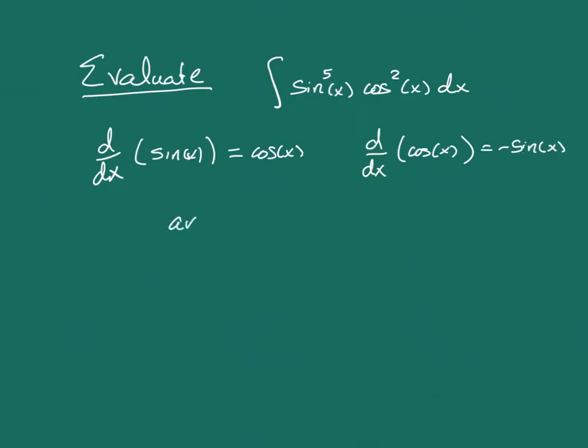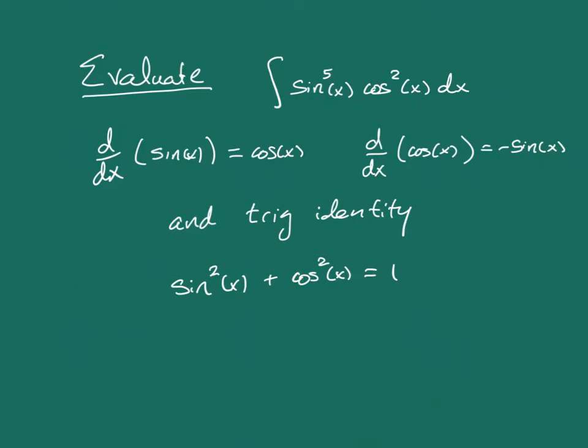and something that may come in handy, our trig identity involving our sines and cosines, the one that everybody remembers, that if we've got sine squared of x plus cosine squared of x, then that gives us 1. And so usually how we'll incorporate that is we'll just arrange one of those trig functions on either side.